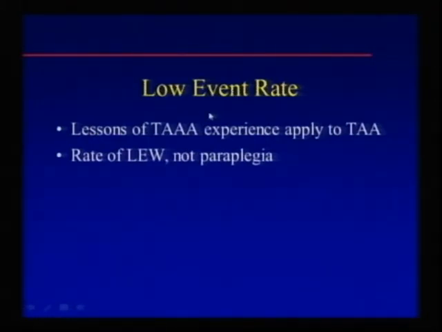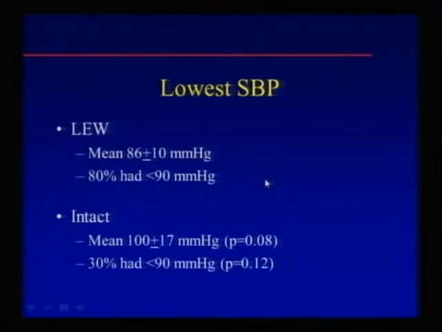As I said, the event rate with a typical thoracic aortic aneurysm is relatively low, but the lessons you learn with thoracoabdominal do apply. Although lower extremity weakness is relatively common, paraplegia has become relatively rare. If you want to know about the risk factors, you have to study something with a high enough event rate, which for us means lower extremity weakness.